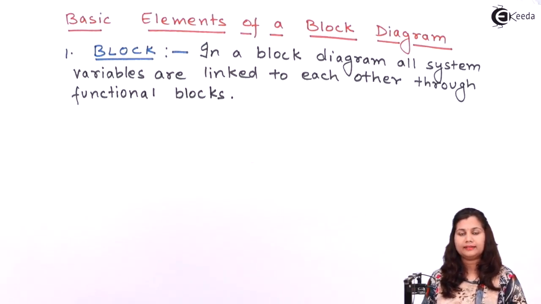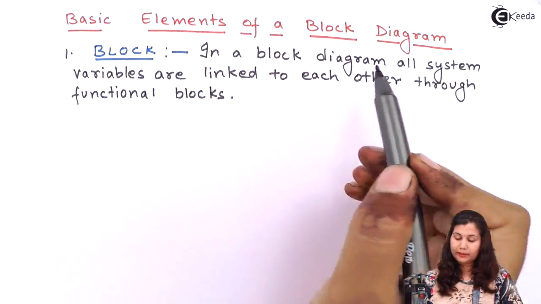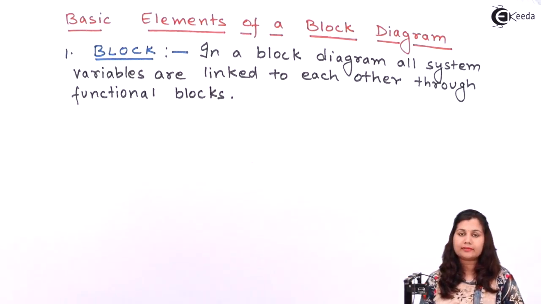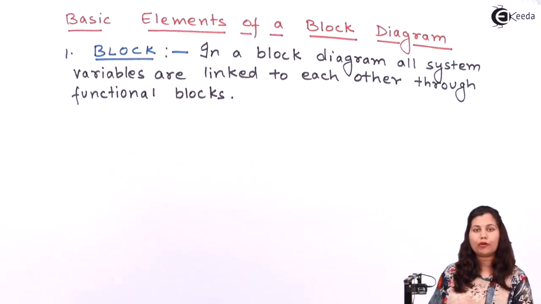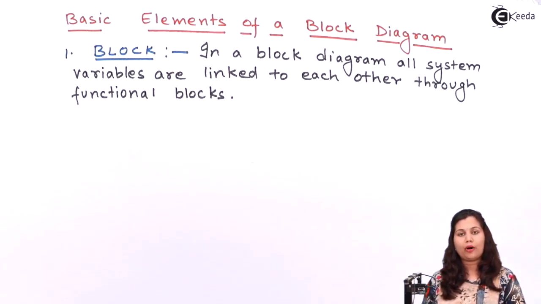We have seen that a system has various components. So in a block diagram, these system variables are linked to each other through functional blocks. So a block is a symbol for the mathematical operation which is performed on the input signal to the block, producing the output.